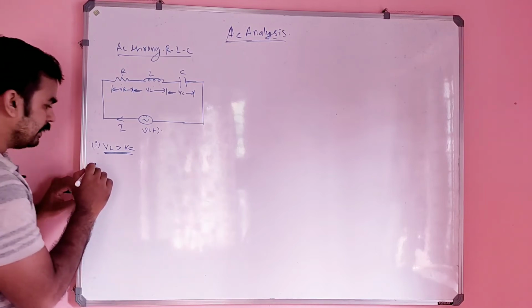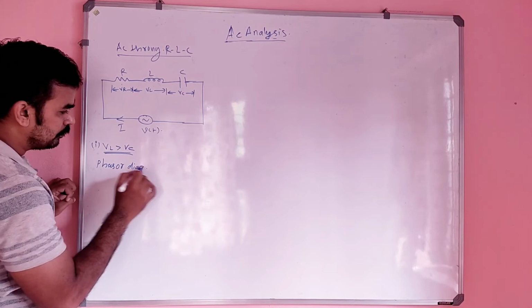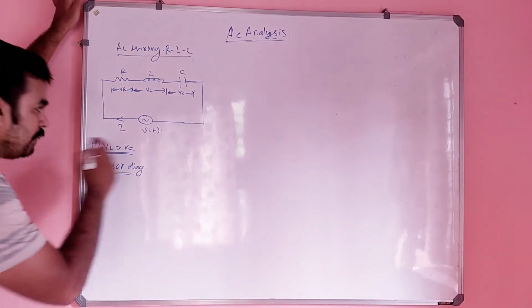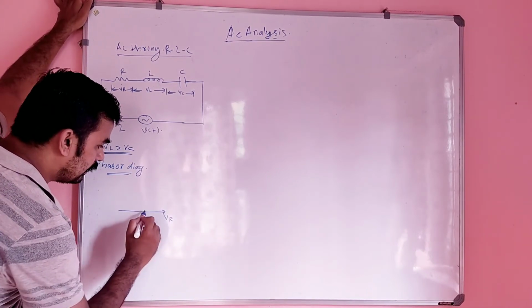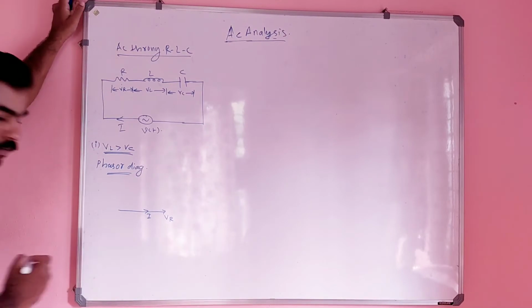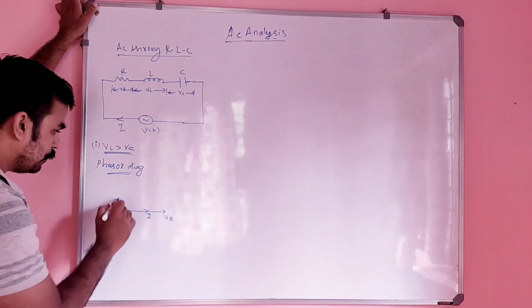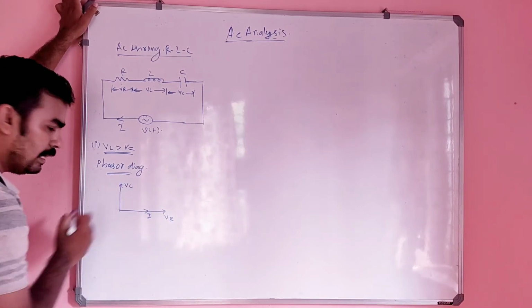Then what will be the phasor diagram? Let's see that. We know that this is VR and this is in phase with I. I and VR are in phase quantities. For an RL circuit, we know that this is VL.